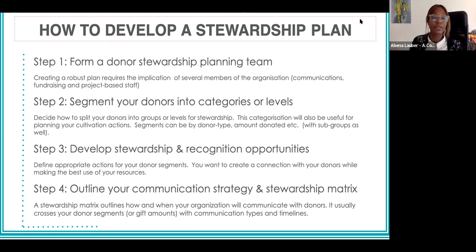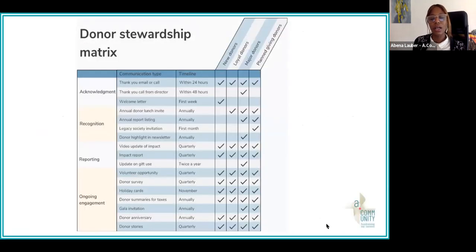And then you put it into a communication strategy and stewardship matrix, which we can see on the next page, which is a table that allows you to look at the different steps like acknowledgement, recognition, reporting, ongoing engagement. Then you will say the timeline, and then you will have your opportunities. The ones going up that way are the opportunities you've defined that you're going to use to thank the different donors.